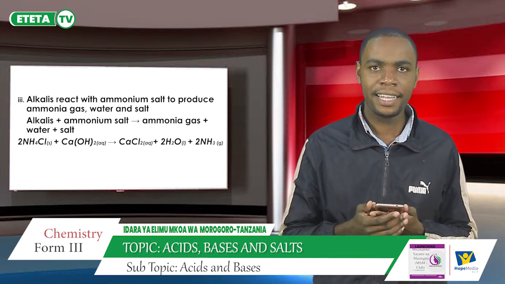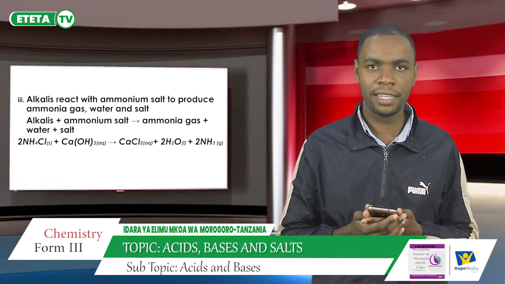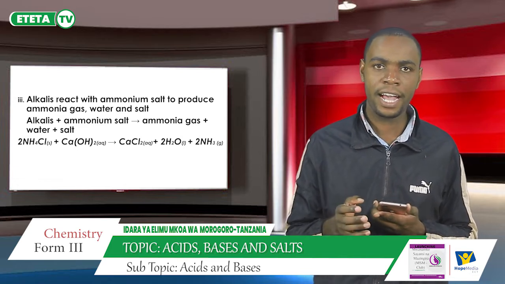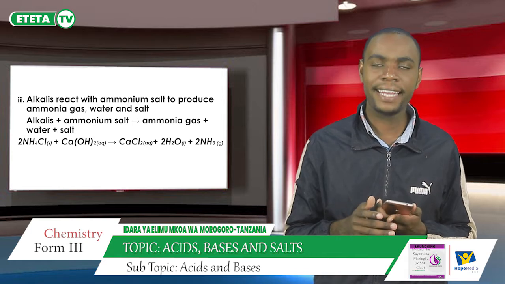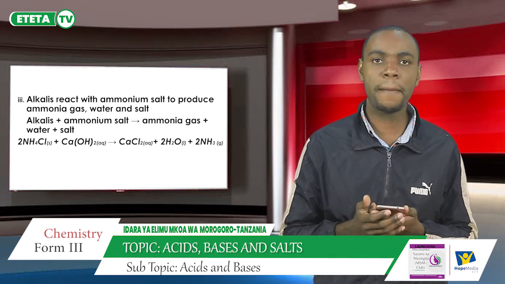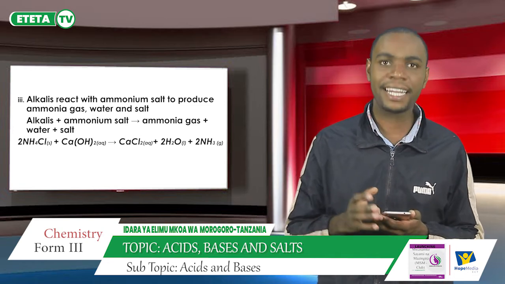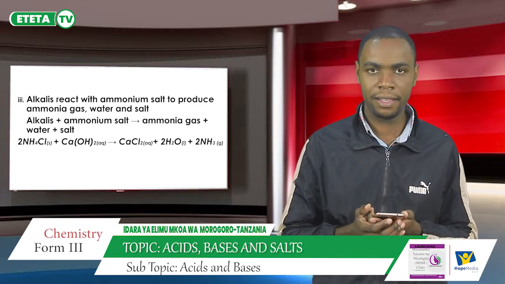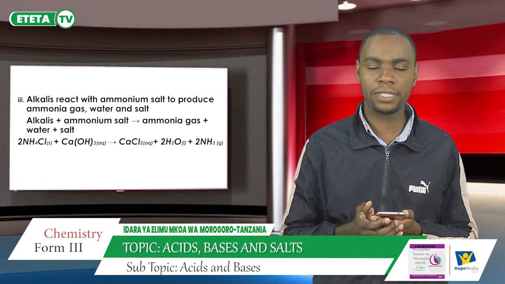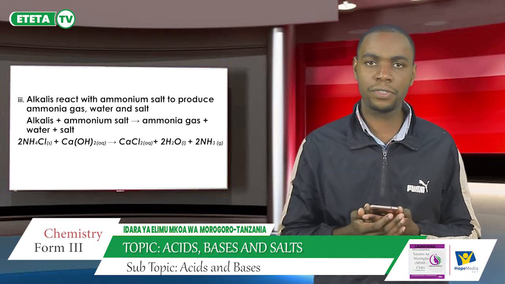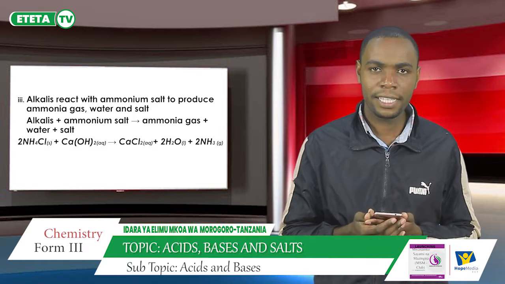Alkali react with ammonium salt. The products produced there are ammonia gas, water, and salt. For example, the reaction between ammonium chloride and calcium hydroxide. The product produced there is calcium chloride as a salt.